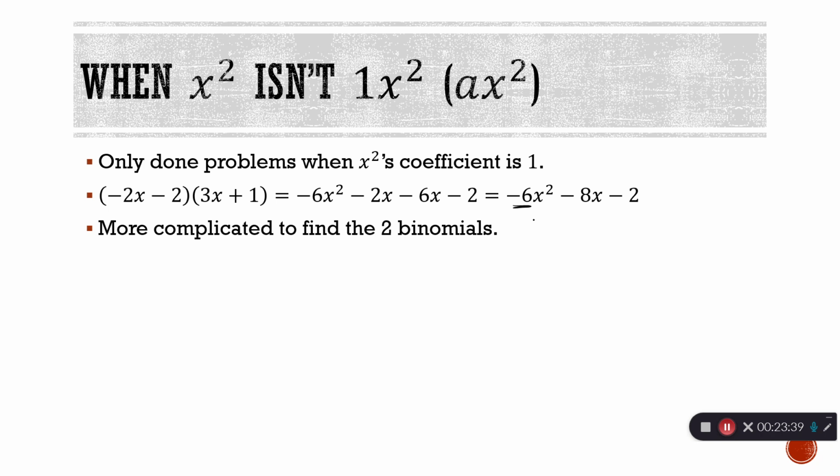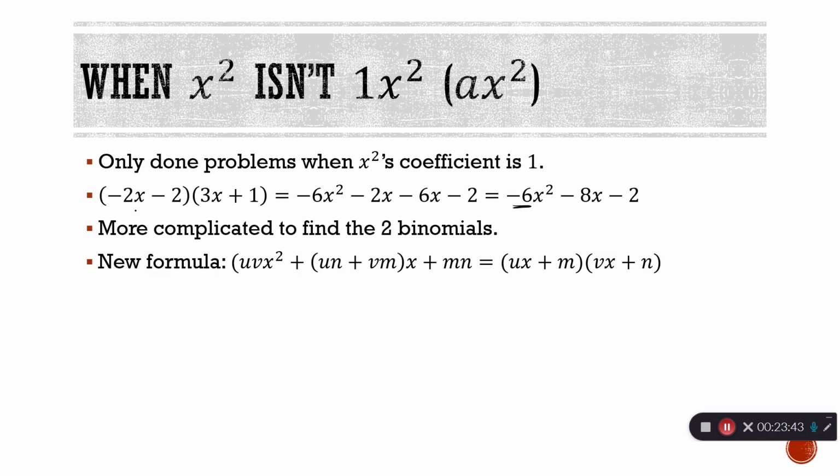It's more complicated to find the two binomials because now we have to find this number and this number too. As you notice here, negative 2x times 3x gets me negative 6x squared. But then that negative 2 also affects this number, and that 3 affects this also.